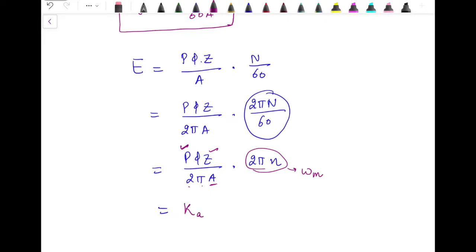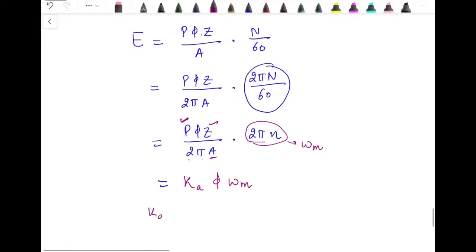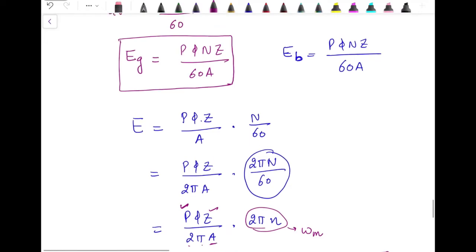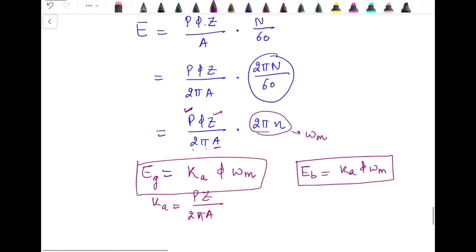So they are denoted by Ka, where Ka is a constant equal to PZ upon 2 pi A, and the equation becomes E = Ka phi omega m. So this is another way to write the EMF equation, which can be written for both motor as well as generator. Depending upon which equation we are interested to use, we can use it in either this form or this form.